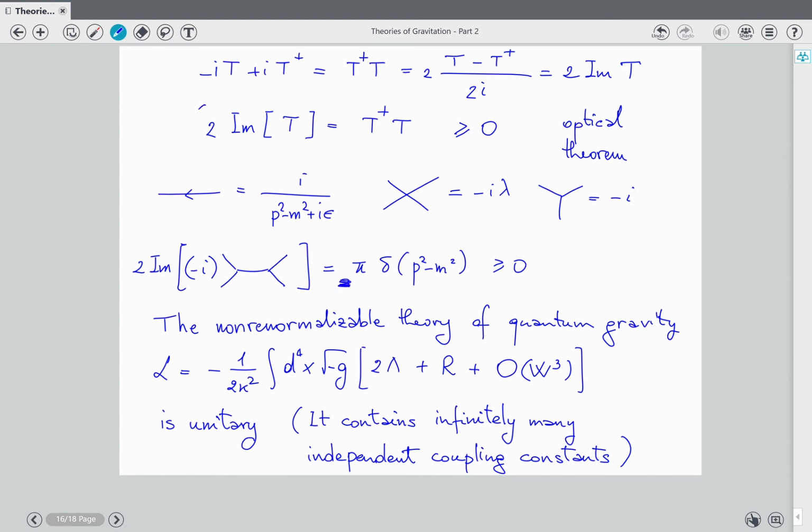But the optical theorem, therefore unitarity, tells you that the right-hand side is non-negative, T dagger T. So what can we do?